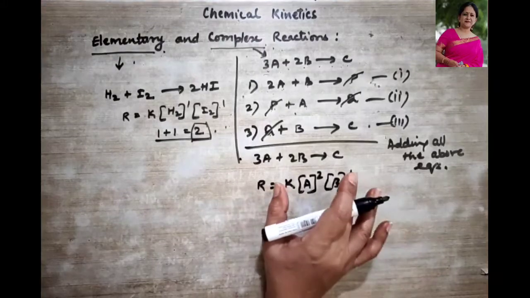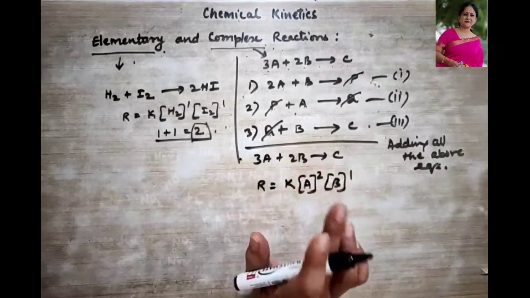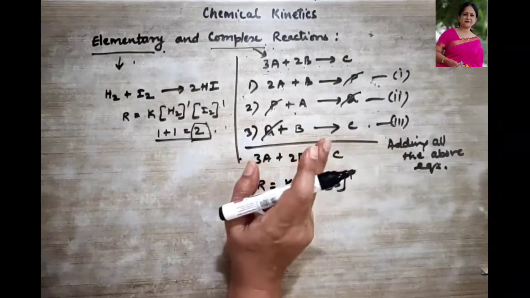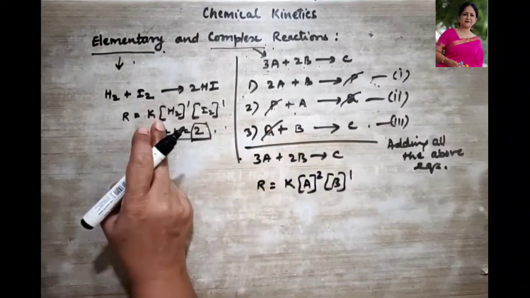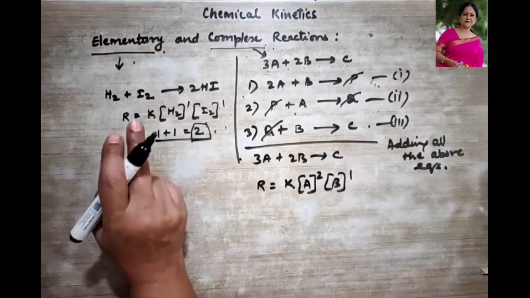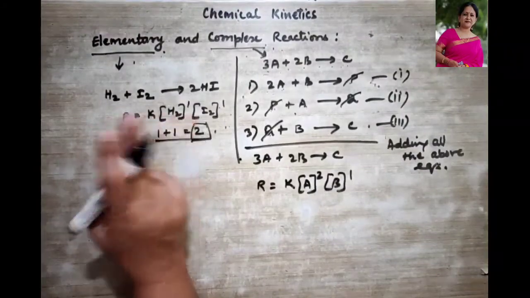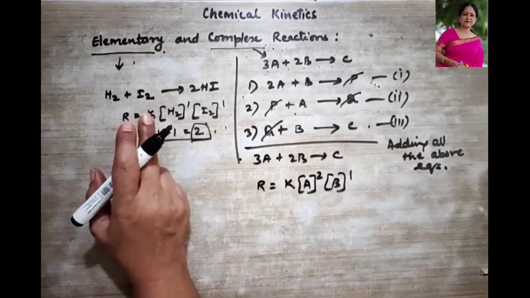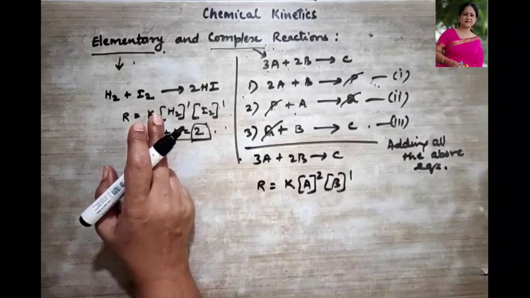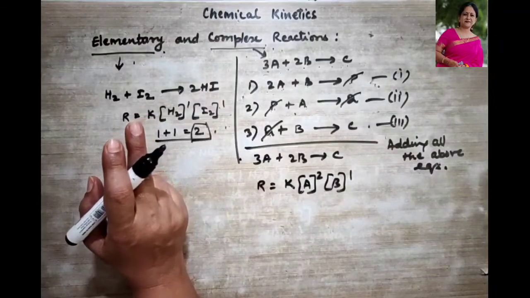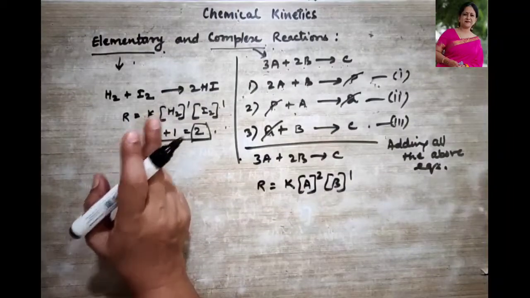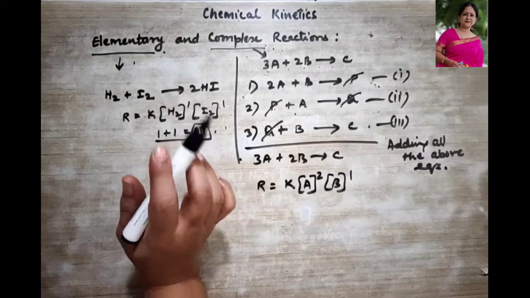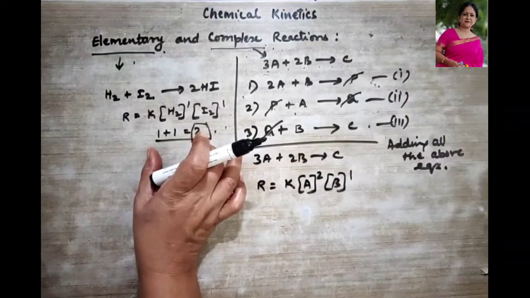So in complex reactions, we do not take stoichiometric coefficient, but if the question says the reaction is a simple equation or a simple reaction, then that means it has taken place in a single step. Then, in the single step, we follow the Guldberg-Waage theory of using the stoichiometric coefficient as our power.